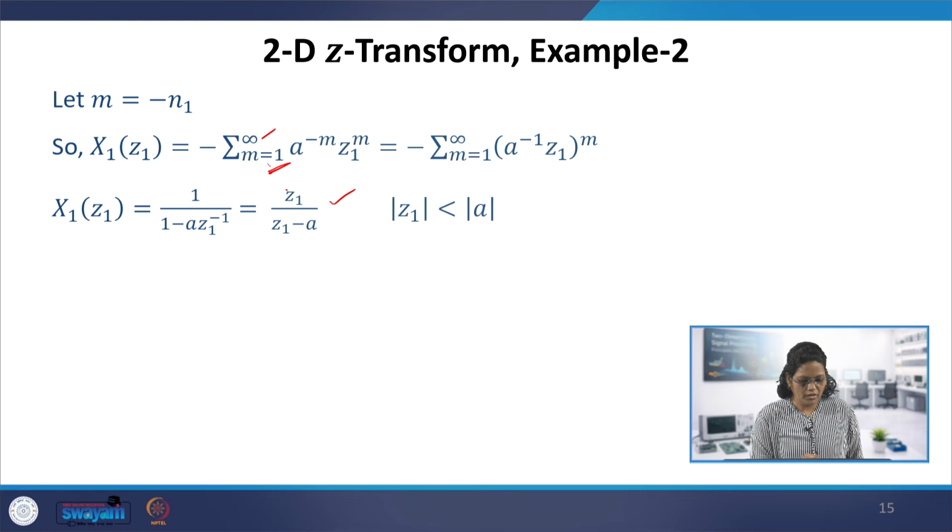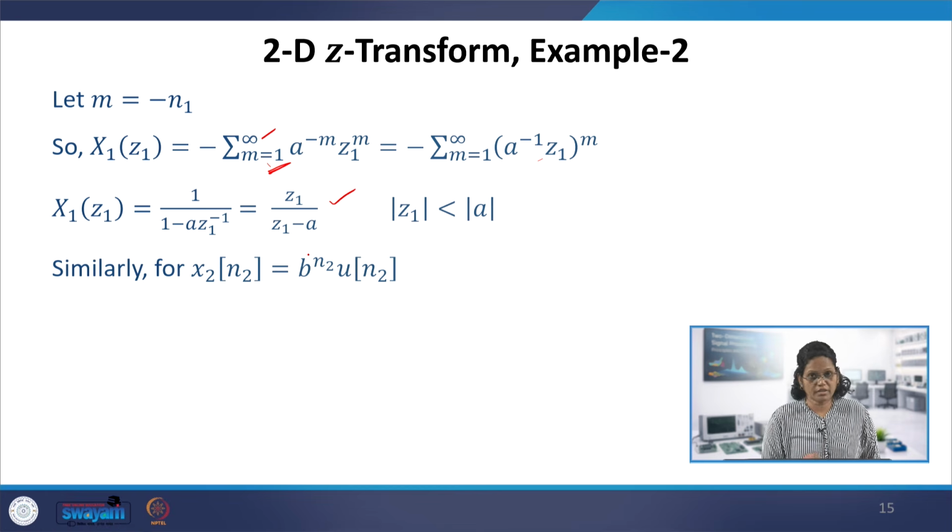The negative sign makes this the positive z1 by z1 minus A, and the ROC comes from A power minus 1 z1 less than 1, so z1 is less than A. The Z transform is the same as the first sequence of the previous example.